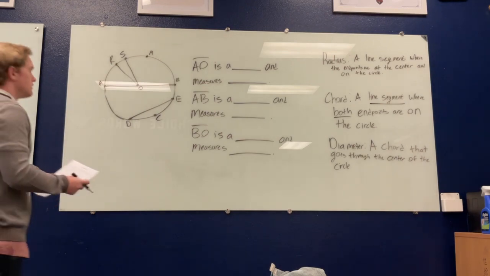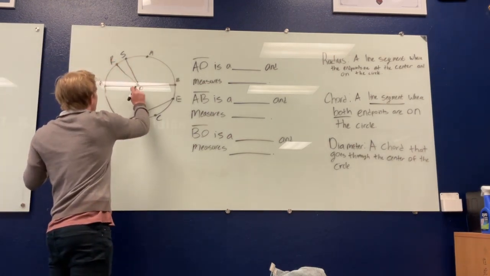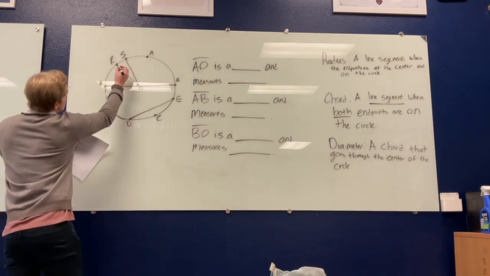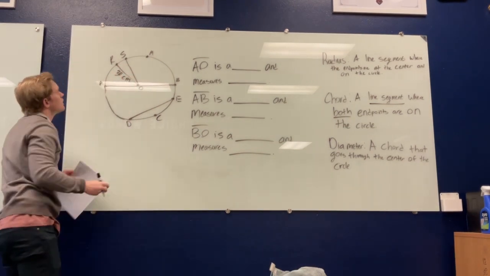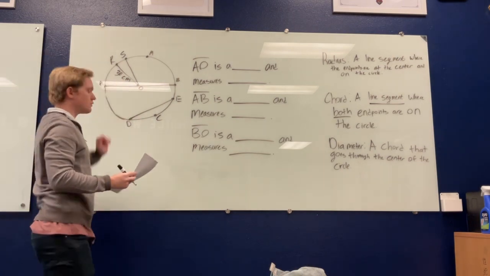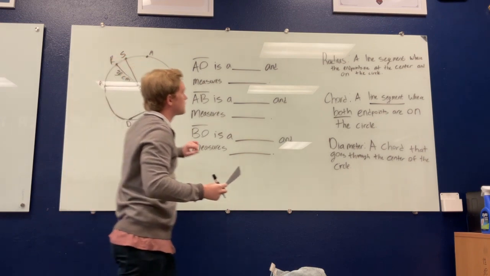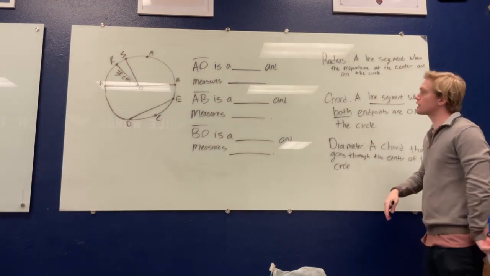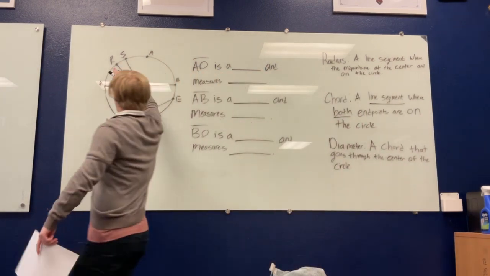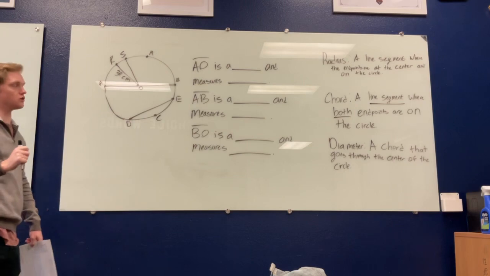So, like we said before, we have a segment of R to O, which we see is 30 centimeters long. So between R to O is 30 centimeters. And we know that R to O is what kind of line? Well, it's a radius, because it goes from the outside of the circle to the center, or from the center to the outside of the circle.